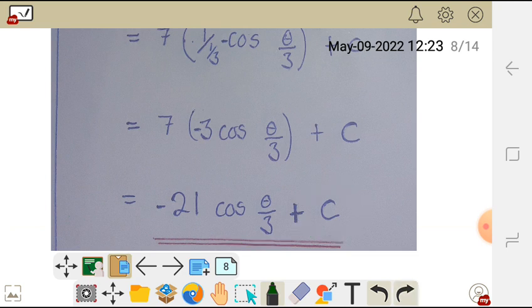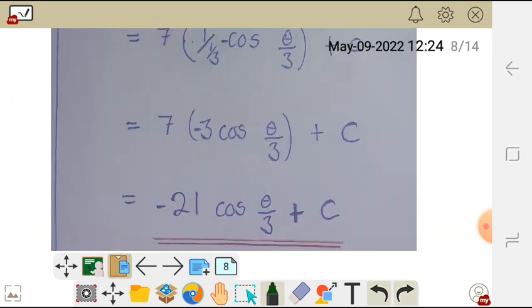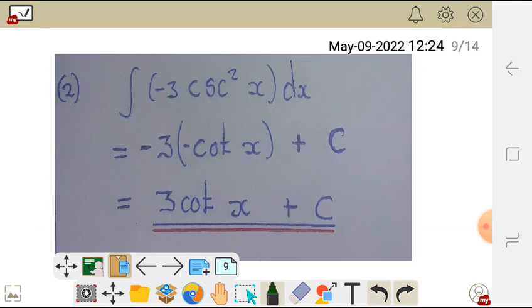So let's move on to question number 3, which says evaluate the integral of negative 3 cosec squared x dx. For question number 3, we have a constant which is negative 3 there.